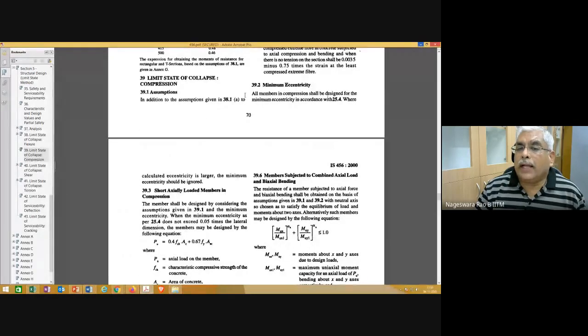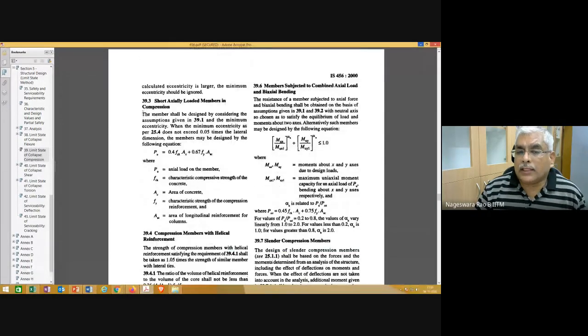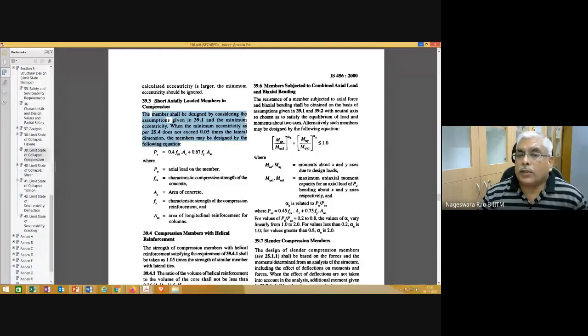And the minimum eccentricity, we already noted the minimum eccentricity that we need to use for columns. Let's go through this and then we'll stop there. Short axially loaded columns in compression. Members shall be designed by considering the assumptions we have noted under clause 38 as well as 39.